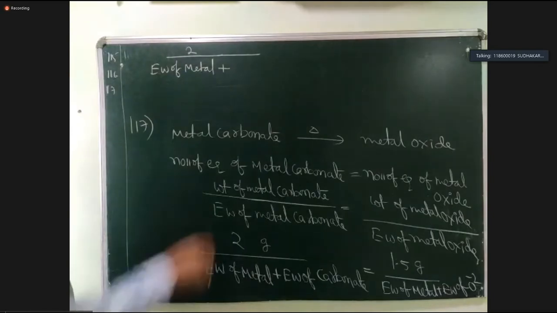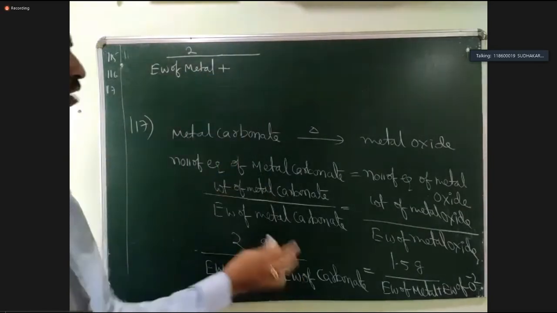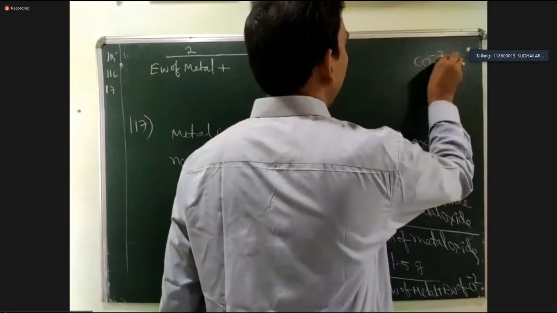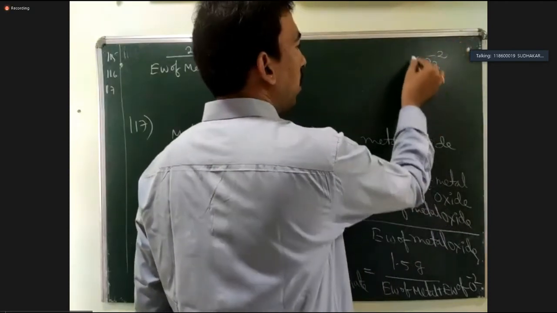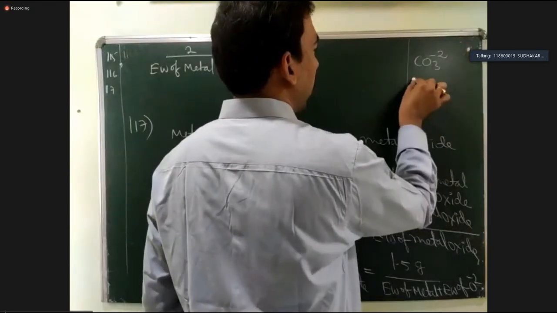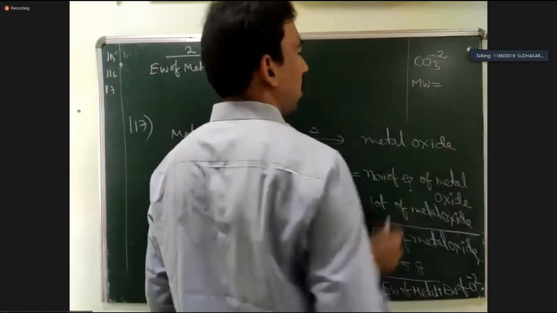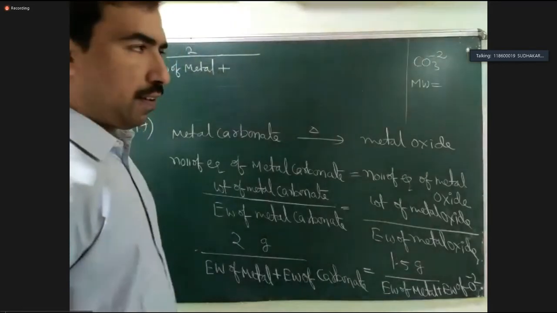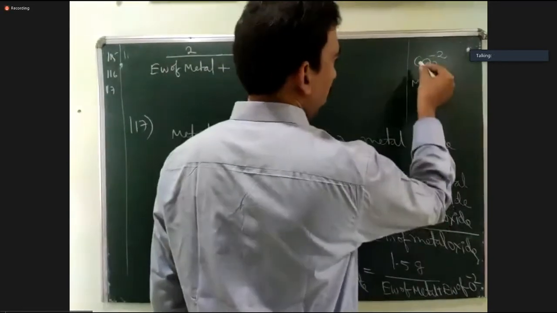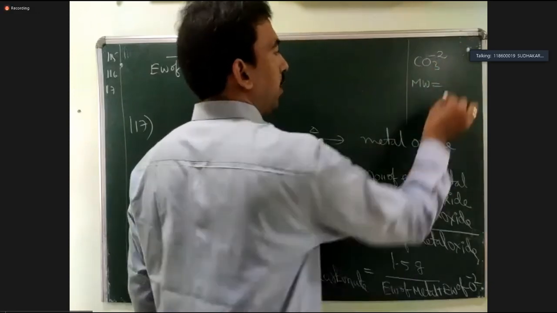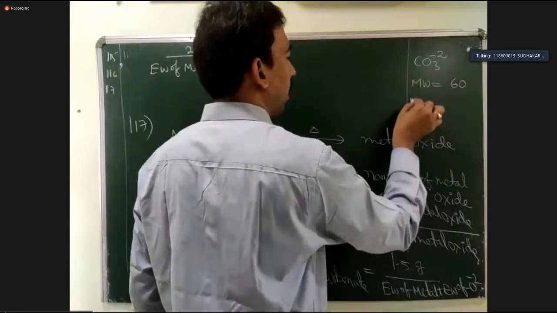You don't know what the metal is, but carbonate is CO3 minus 2. Now the molecular weight of CO3 minus 2: carbon 12, oxygen 48, total 60.